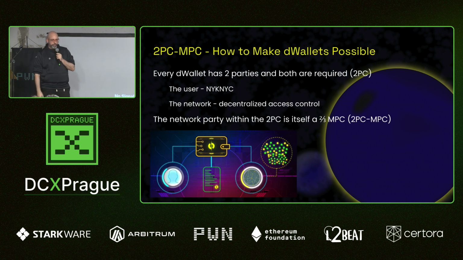It'll either be a separate network, or you will have two different types of D-wallets on Odyssey: a D-wallet that is completely trustless, or a D-wallet that just uses the access control mechanism, but where someone actually has the full key.